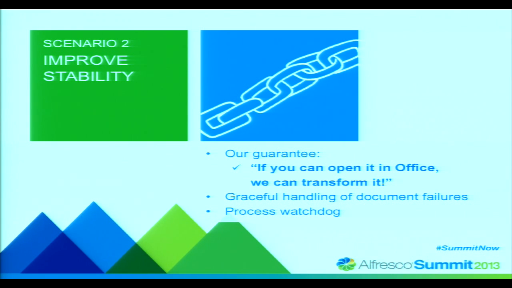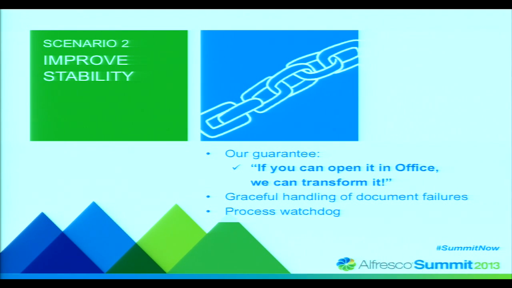So what we did is we also implemented graceful failure handling. That means that it will not transform, but you will have a log of it and you will see where it went wrong. I'm going to show you that later. We have a watchdog that really monitors all our server processes.